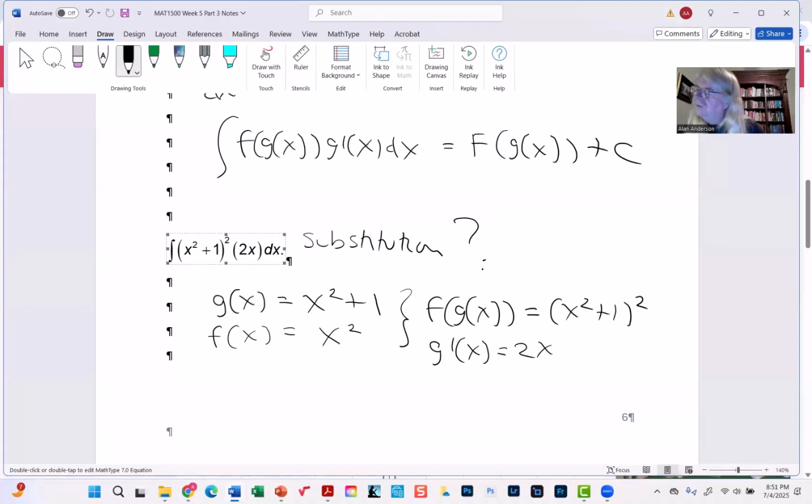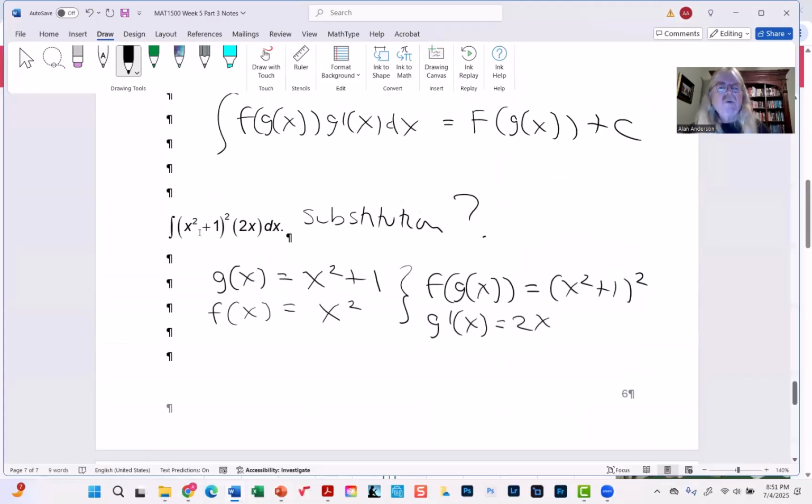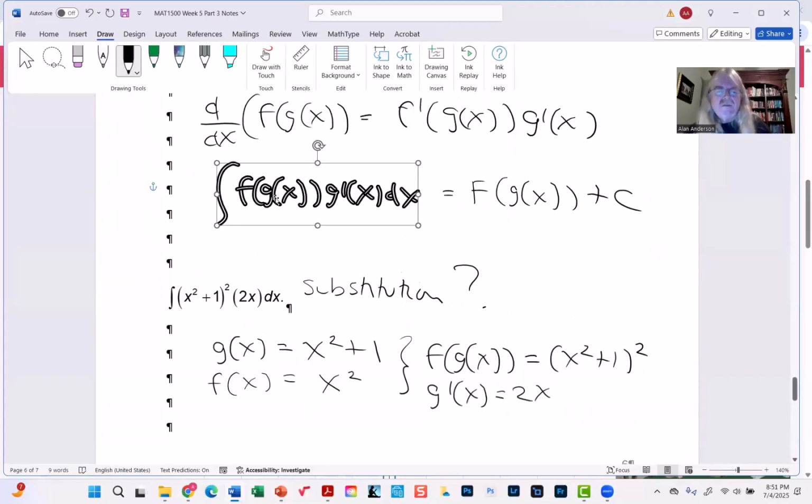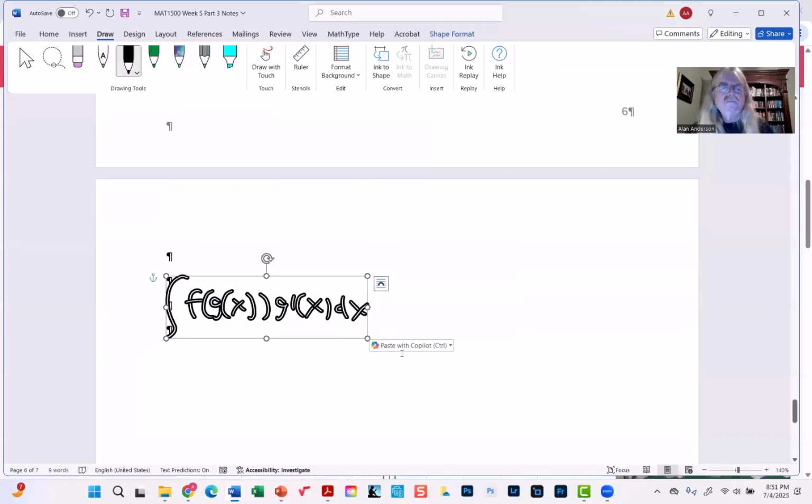So do we have what we're looking for? Let's find out. All right, so remember the form that we need is right here. So do we have that?